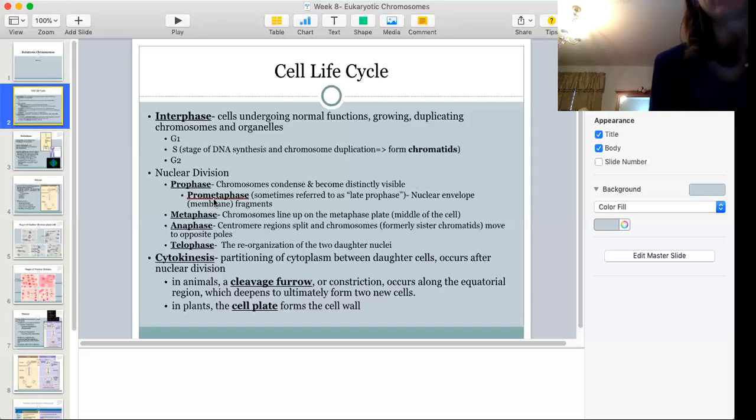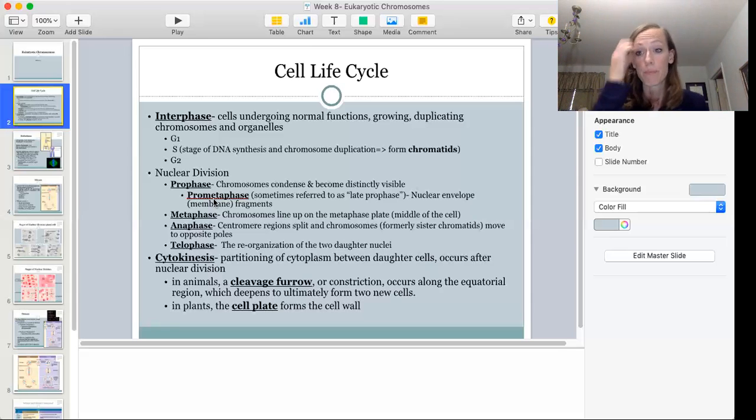You would not be able to notice the chromosomes as distinct structures. Whereas now that they are condensed in prophase, you can see them as much more darkly pigmented and more distinct structures.